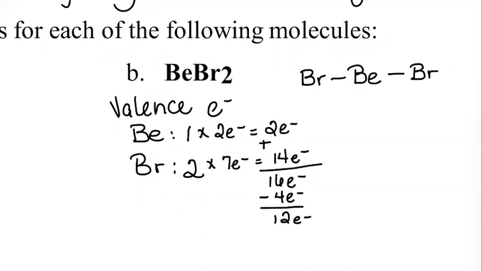Now, we need to start getting the octets, okay? So whenever we're filling the octets in the atom, we need to do it from the outside atoms, and then we work our way to the middle, okay? So right now, if we treat, for example, the bromine on the left, it has 2 electrons which are being shared with a beryllium.